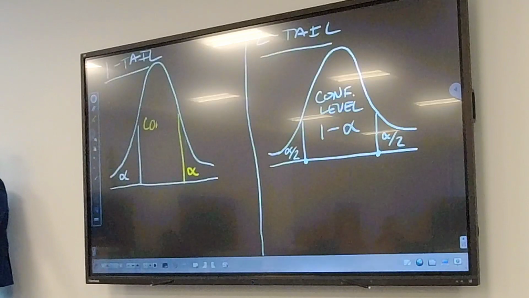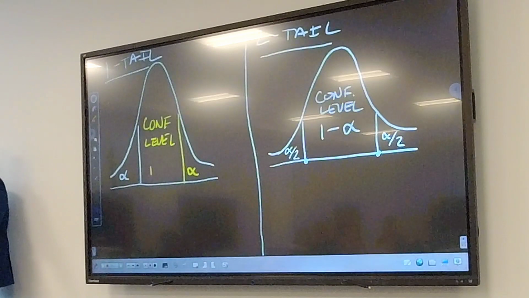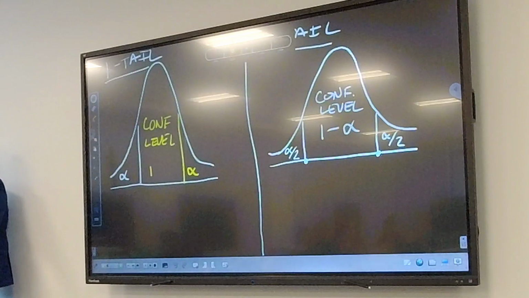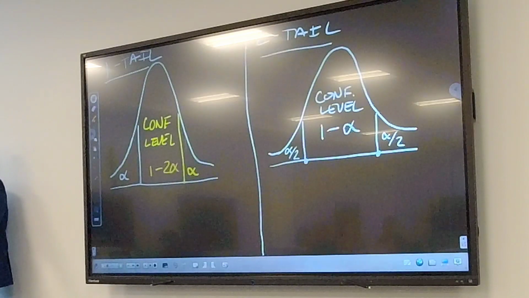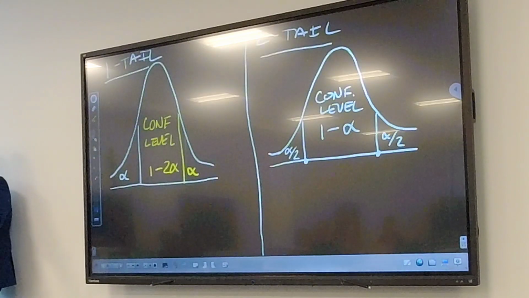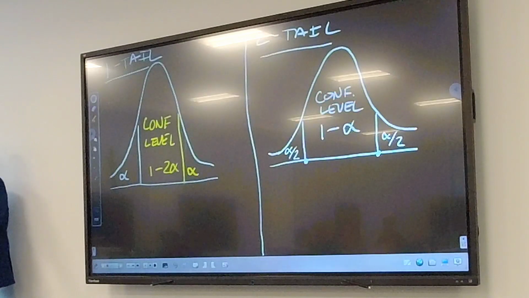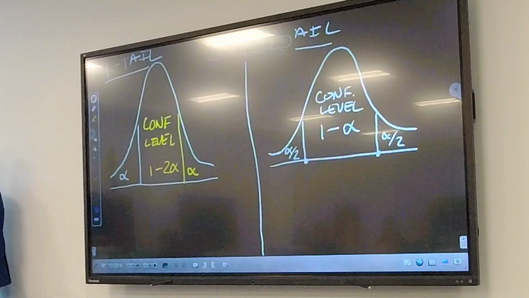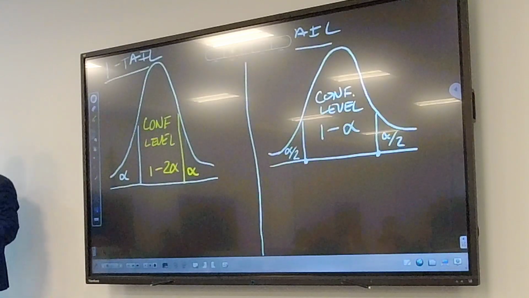Then the confidence level on a one-tailed test would have to be 1 minus 2 alphas. And then there's this sensation that there's an opposite, because this is 1 minus 1 alpha, and that's a two-tailed test. But for a one-tailed test, it was 1 minus 2 alpha. You see what I'm saying?